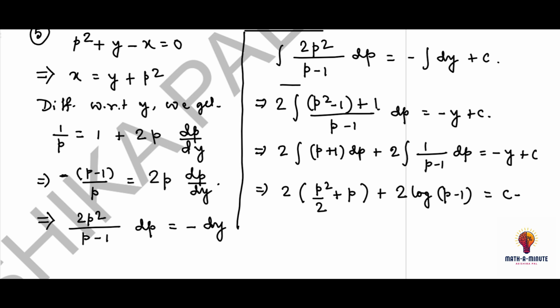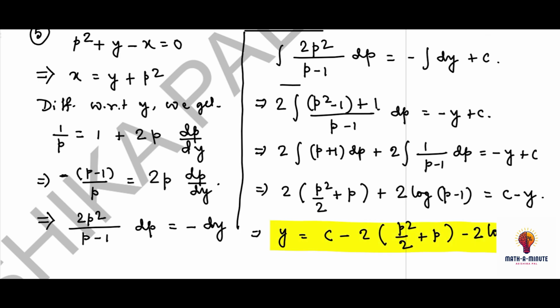Okay. So from this equation we can write y equals, so this is the value of y. So basically from this solution, we have to find the value of p and put the value of p in the given equation. That will be our required solution.